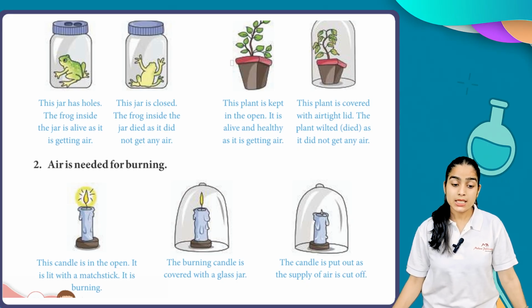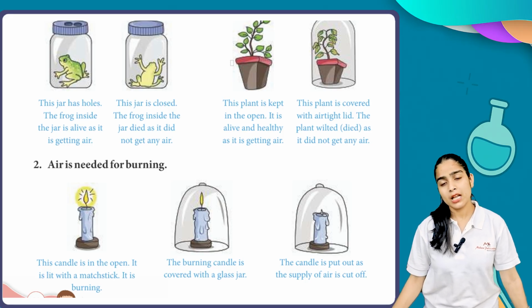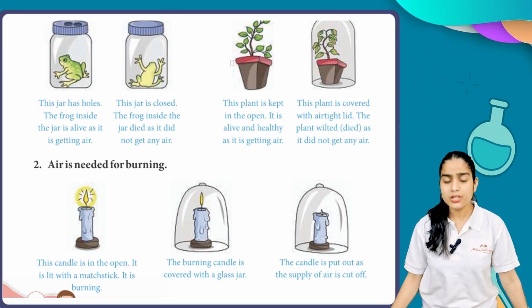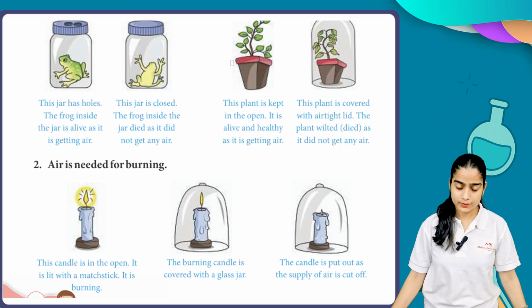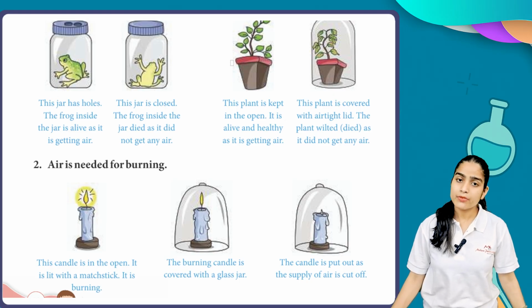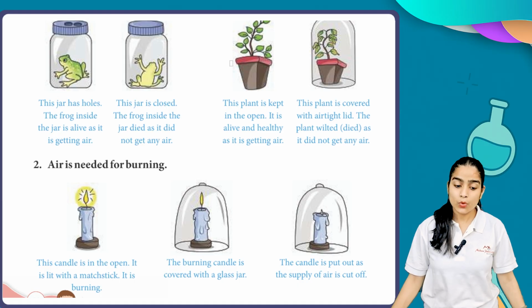Next, air is needed for burning. Now you are getting confused. Ma'am, with the help of air, we can just blow out our flame. So how can air help us burn a candle? This candle is in the open. It is lit with a matchstick. It is burning.